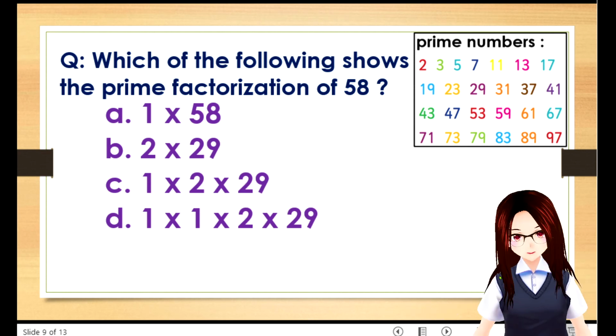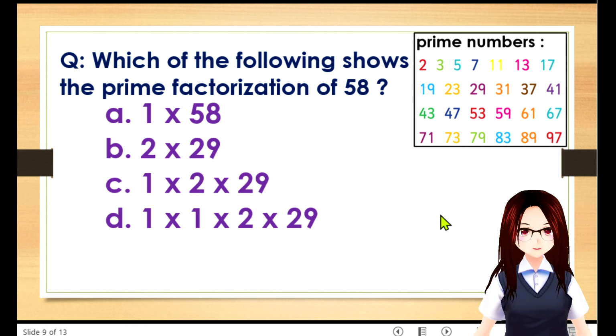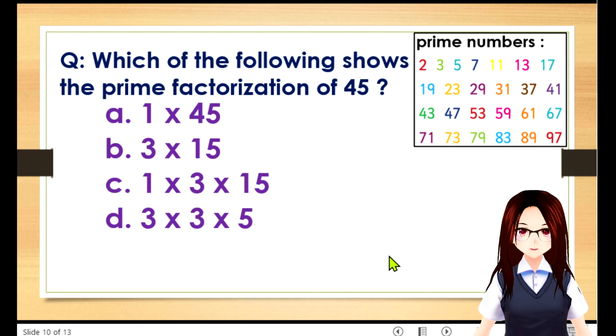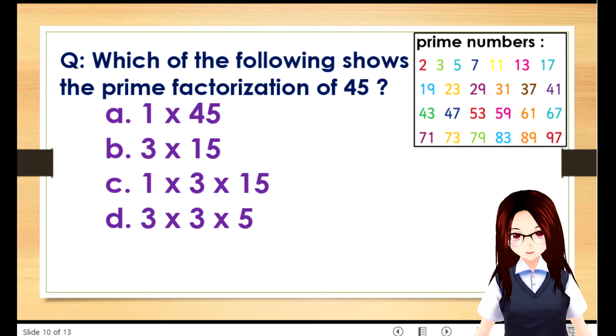Okay, time's up. The correct answer is letter B, 2 times 29. Okay, next. Which of the following shows the prime factorization of 45? Go!